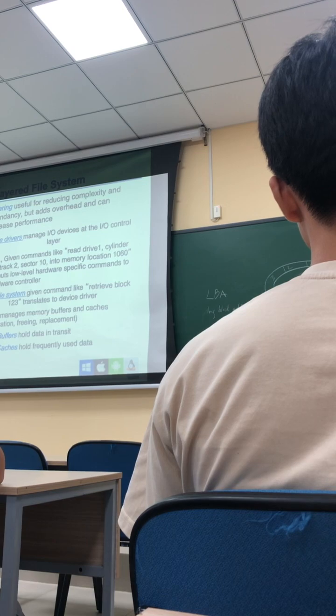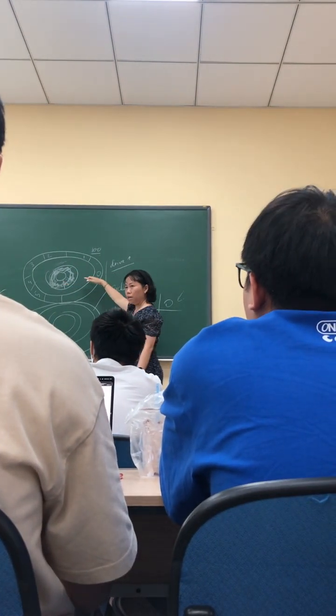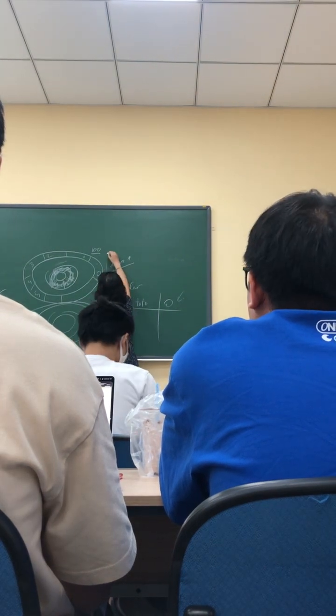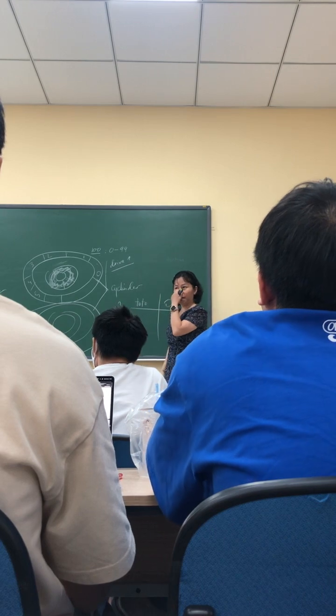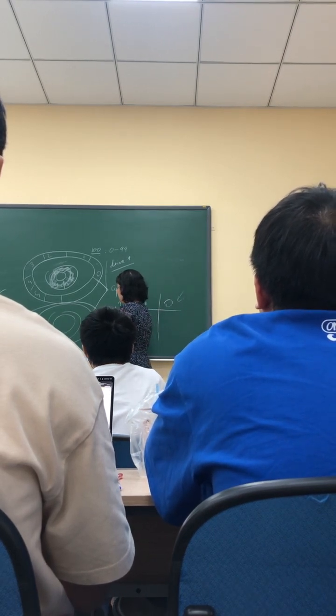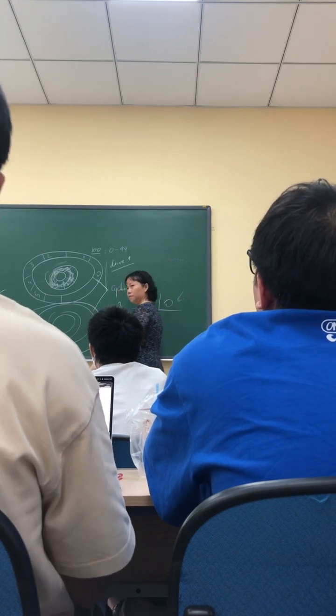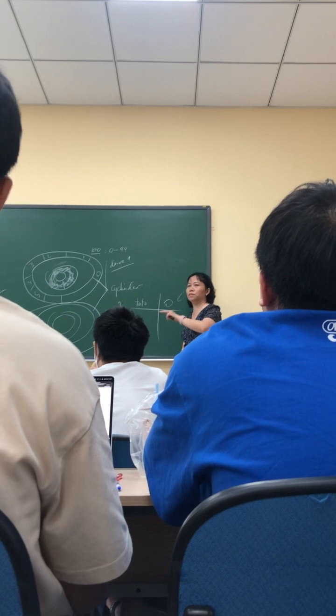If we can represent 100 sectors on this drive, the numbers will be from 0 to 99. In the next drive, it will be 100 to 199. Each drive will have the same number of sectors.